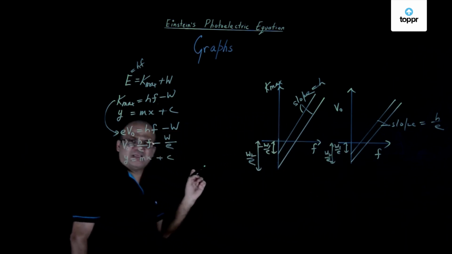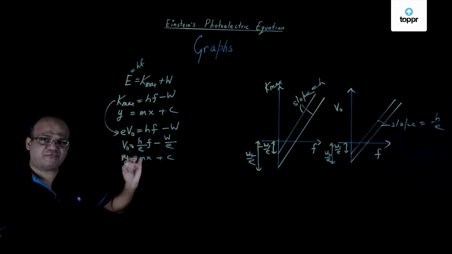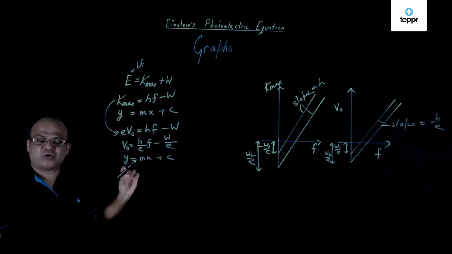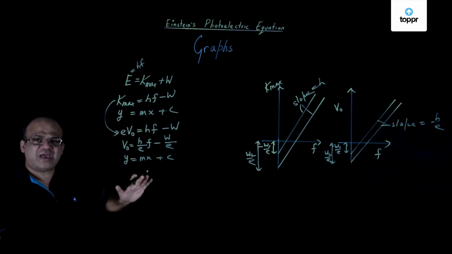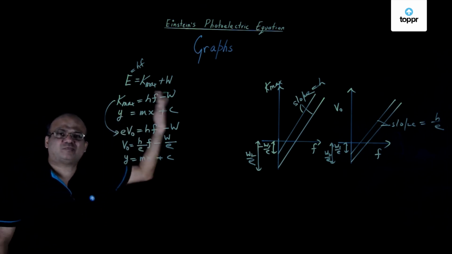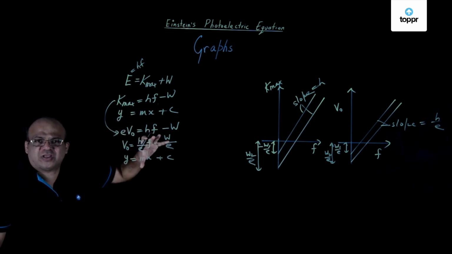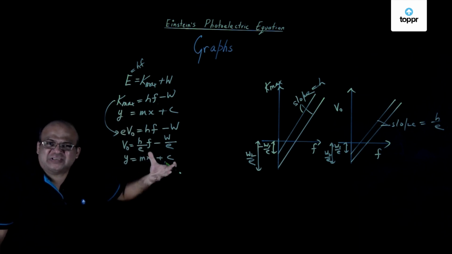These two graphs are very important. Both of them come from Einstein's photoelectric equation. E equal to Kmax plus work function. So Kmax becomes E minus work function. E is hf, the energy of a photon, a packet of light, a packet of energy, right?